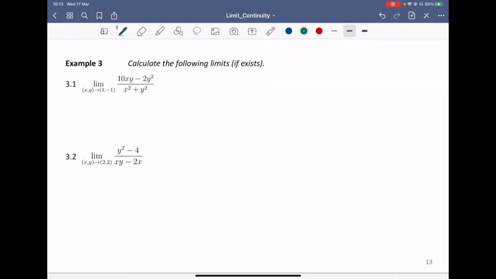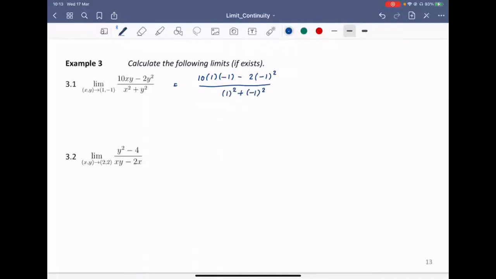As in Cal 1, you can just try to plug the numbers into the function first. If you get a real number, that's it, you're done. So when I see this limit, I try to plug in. I plug in x equal to 1, y equal to -1, in the numerator, minus 2 times y equal to -1, and then x equal to 1, y equal to -1 in the denominator.